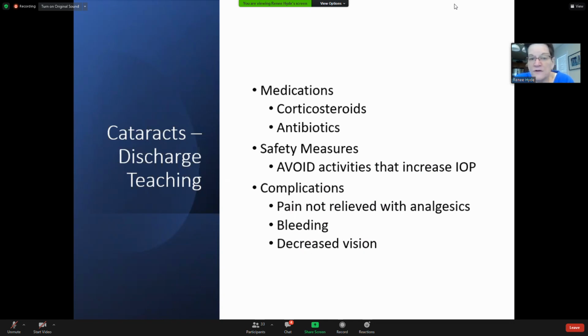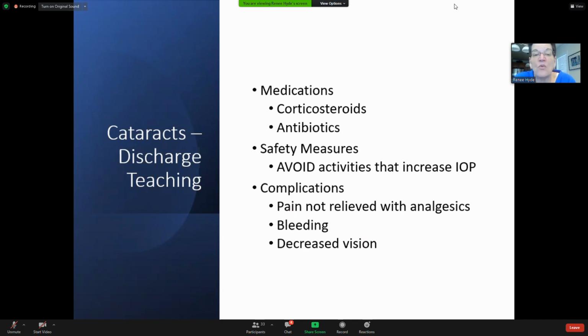That will be corticosteroids, it may be antibiotics, it may be NSAIDs, maybe eye drops. But somebody has to give them and give them correctly in order for this patient to recover from this procedure.